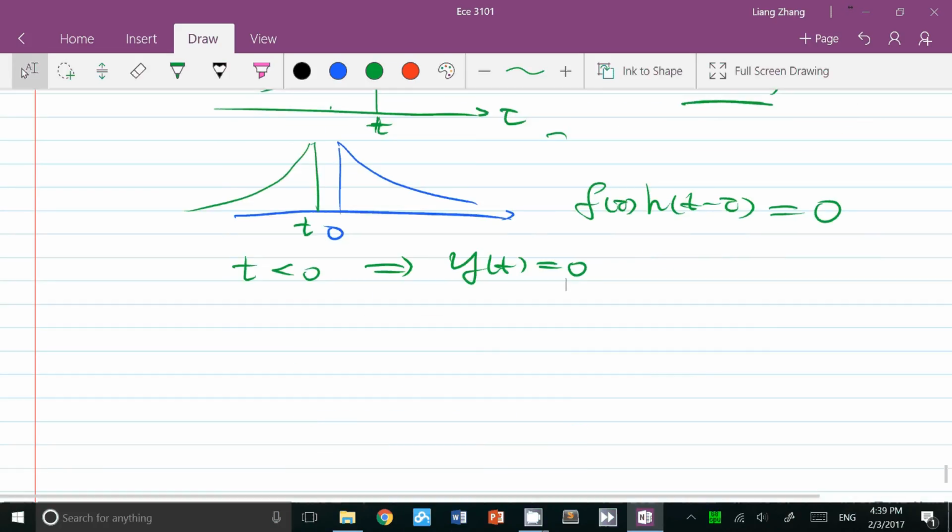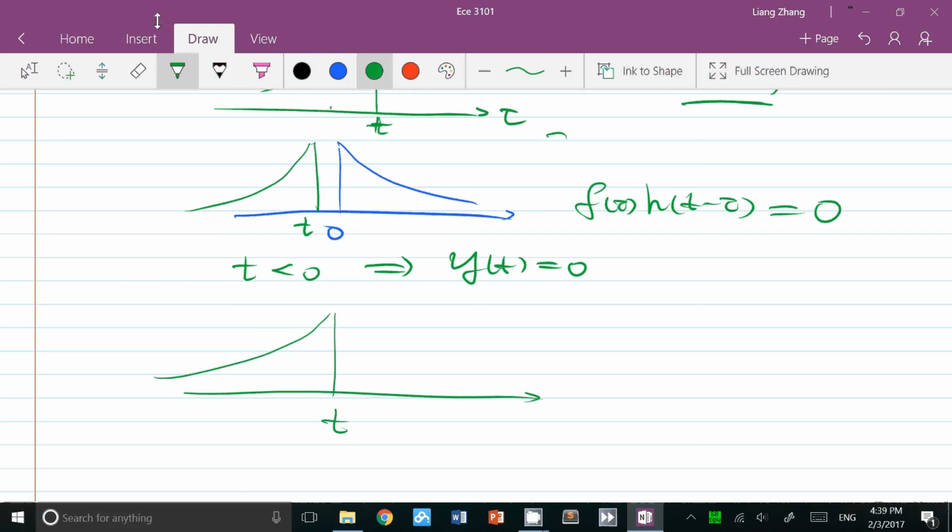On the other hand, if t becomes positive, then the multiplication of the two will have some overlapped area right here between 0 and t.